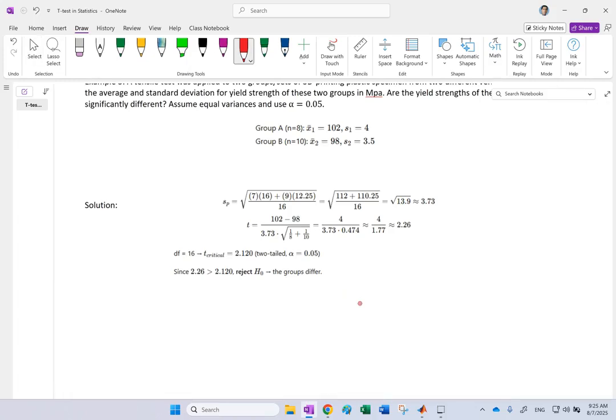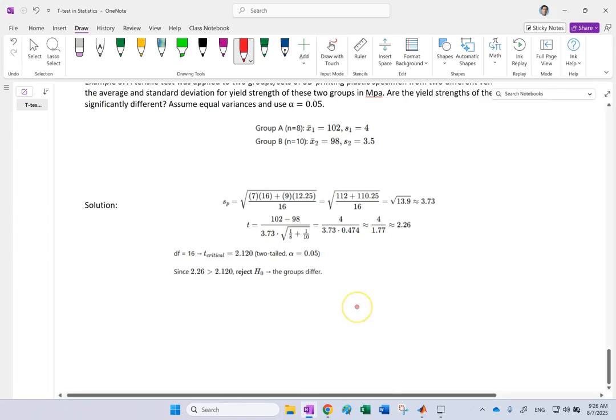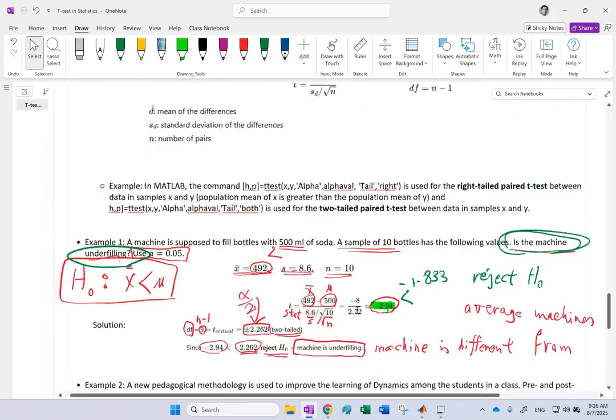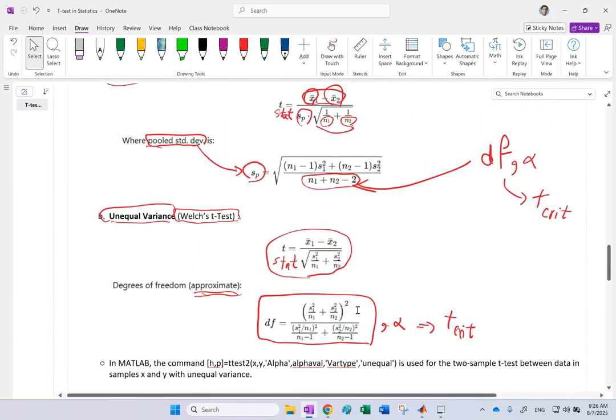And you can also get your T value if you want from the table, right? So in this case, your sample pool is 3.73. Your T stat, based on the formula we had up there, is going to be 2.26. Your degree of freedom is going to be how much? As we learned, it is n1 plus n2 minus 2 for equal variance.